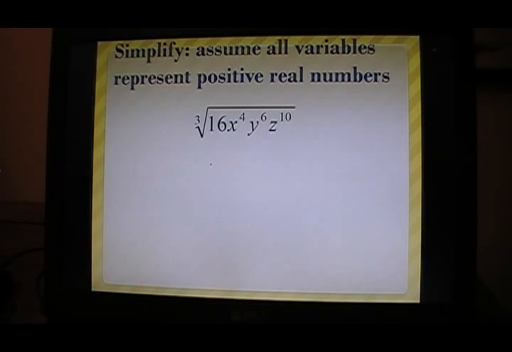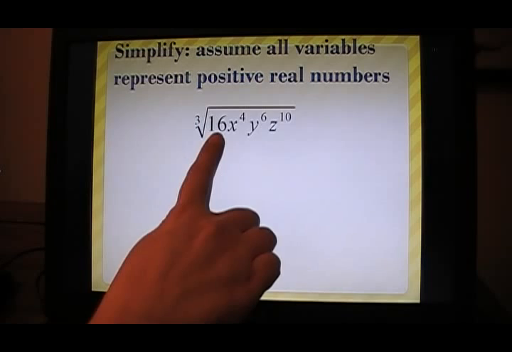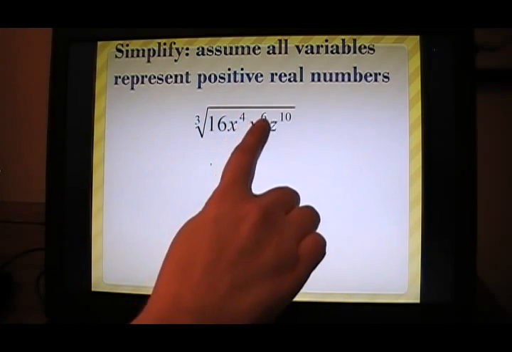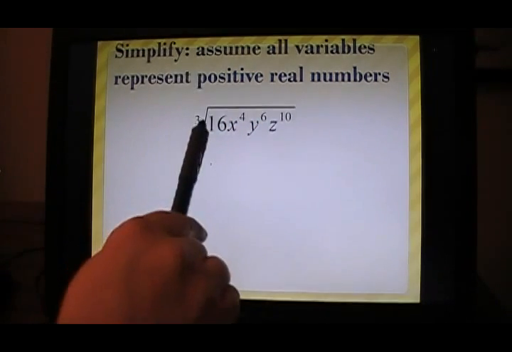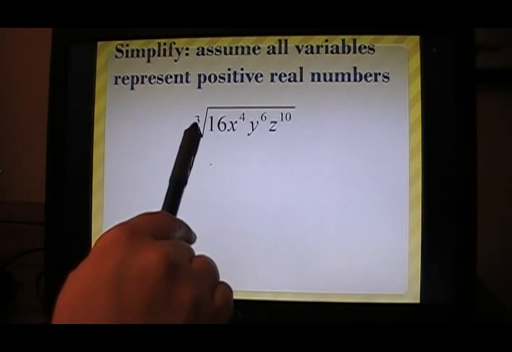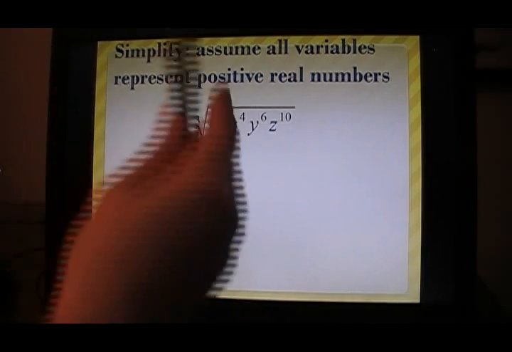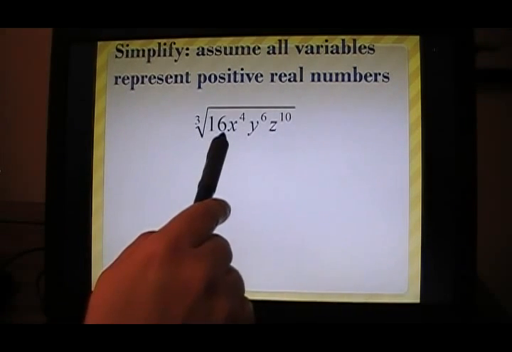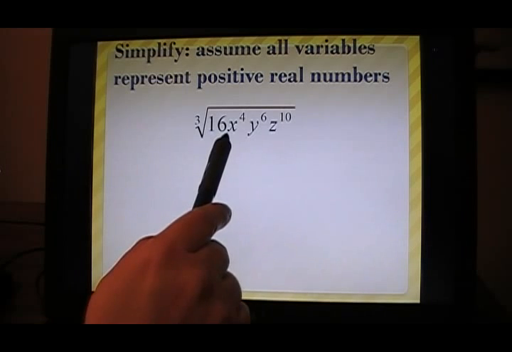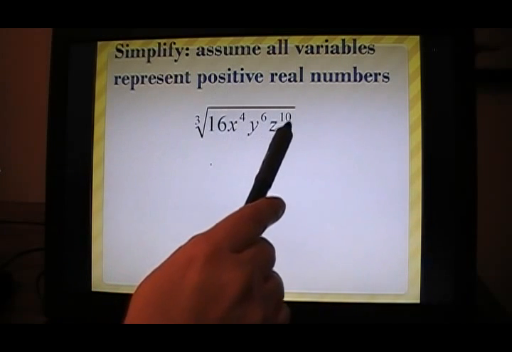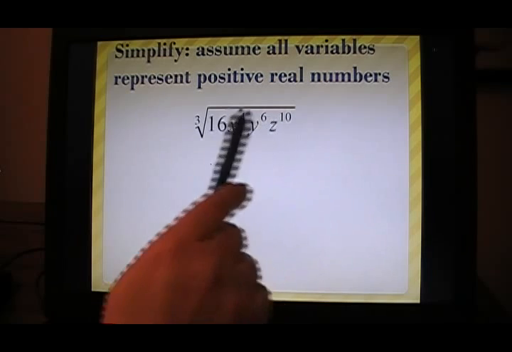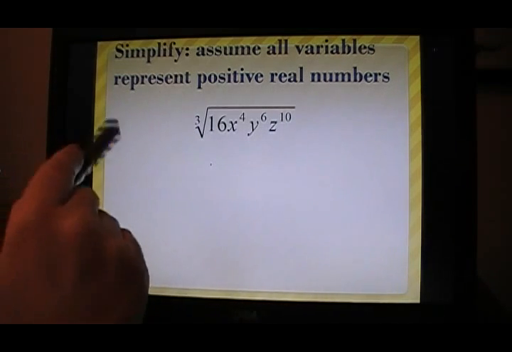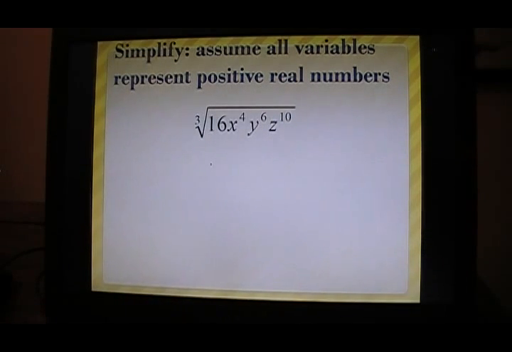So when I look at this, I know it can be simplified, and the easiest way, without even thinking about this number 16, is if any of these powers are greater than or equal to this number here, you know it can be simplified. Okay? So basically, if this number is divisible by a perfect cube, or if any of these powers are greater than or equal to the index, we know that the expression can be simplified. Let's write that down.